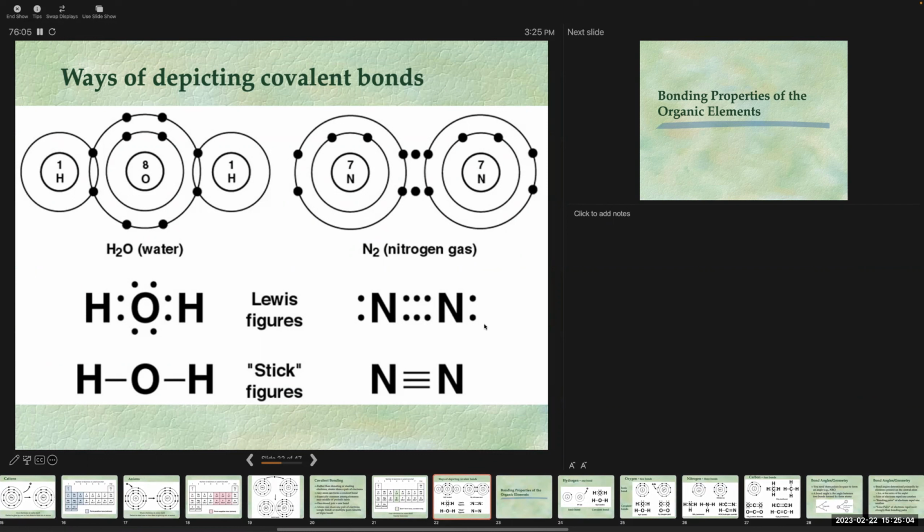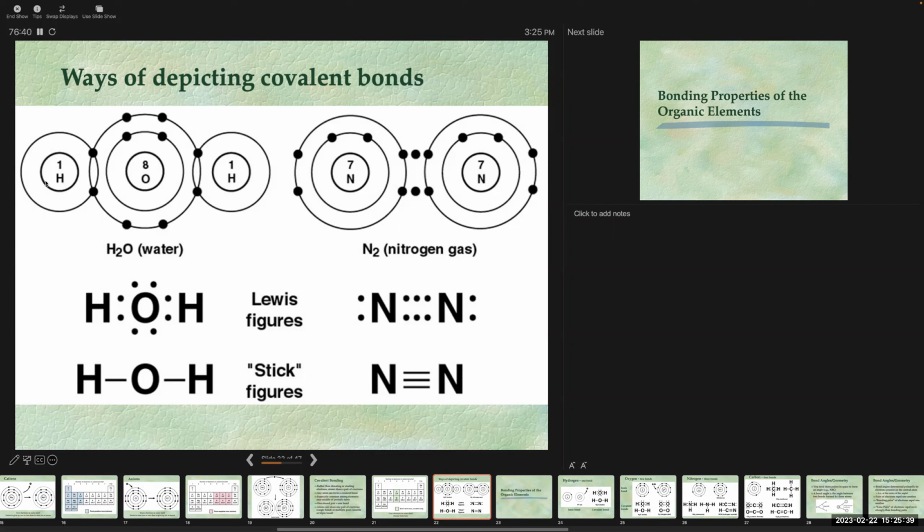One way is to use those same kind of circular diagrams that I was showing before that show the organization of the electrons in these different shells, and then show how the shells overlap to allow atoms to share electrons. So if you look here in the upper left, this would be a representation of a water molecule, H2O. The oxygen sits in the center, and then the hydrogens are off to the sides.